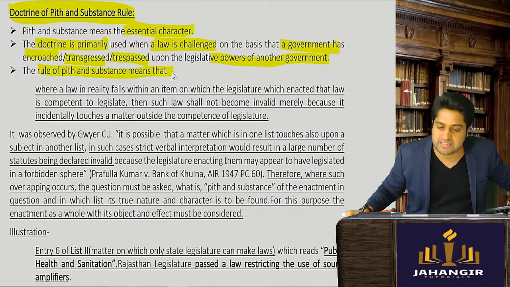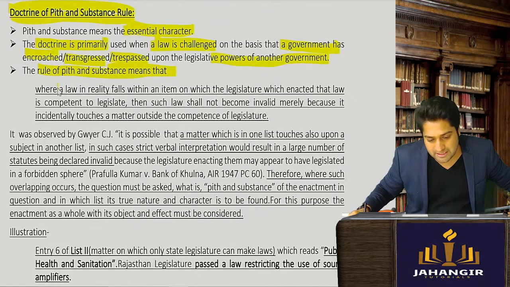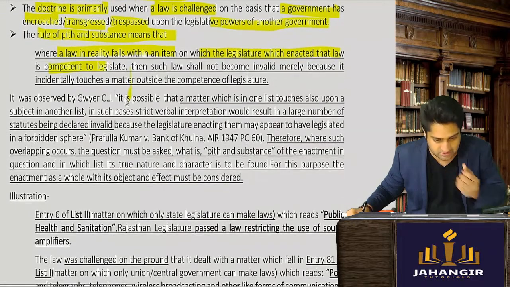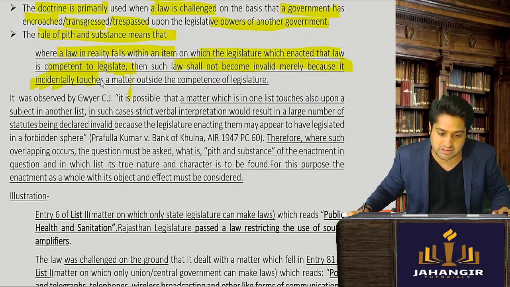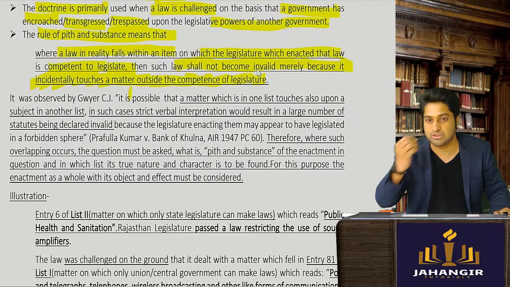Then the rule of pith and substance is applied, where in reality the law falls in an item on which the legislature that enacted it is competent to legislate. Then such law shall not become invalid merely because it incidentally touches upon a matter outside the competence of its jurisdiction.